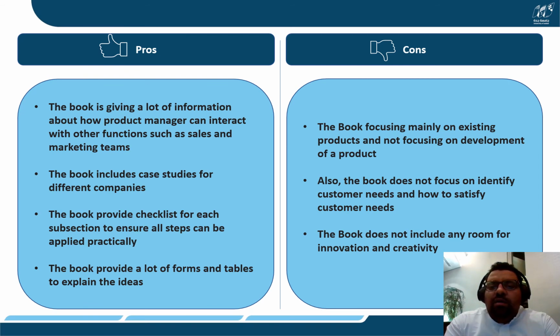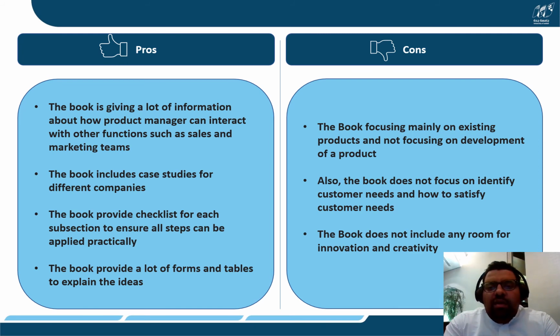It's not focusing on the development process and the different approaches of the development process, what are the cons and pros for each process, as we mentioned in the class.